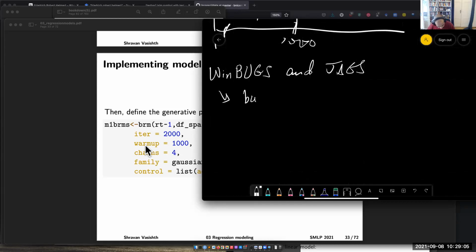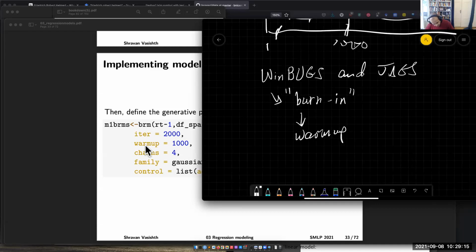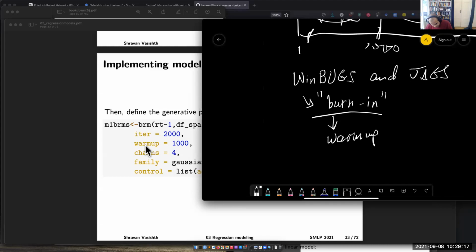I've already forgotten what that term is. So they call it the burn-in. In Stan, they call it warm-up. It's just a synonym, okay? So you will see this term often, that we had a burn-in of 1000 steps and the number of iterations was 2000. What that means is that we are only going to look at the last 1000 iterations.